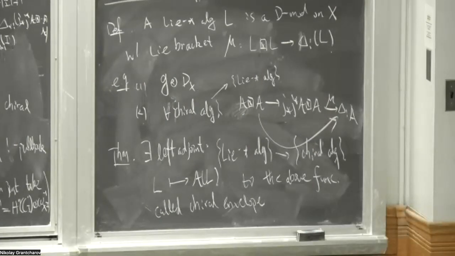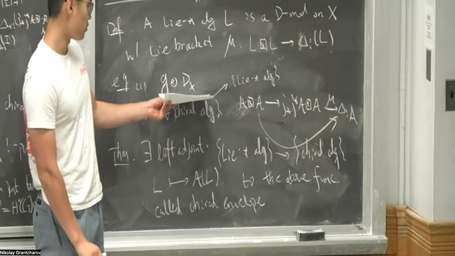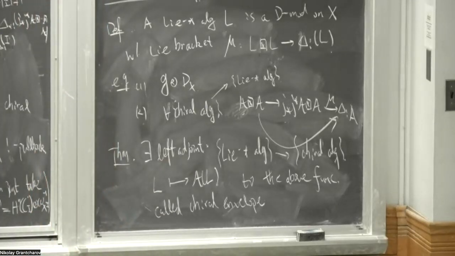I want to say that, well, this is later, but if you apply this chiral envelope to this, you would get something with fibers, like the fiber over X. So it's like a version of the vacuum module over X, or more generally, I guess, representations of the current algebra. Did you say it has a universal property? This envelope?